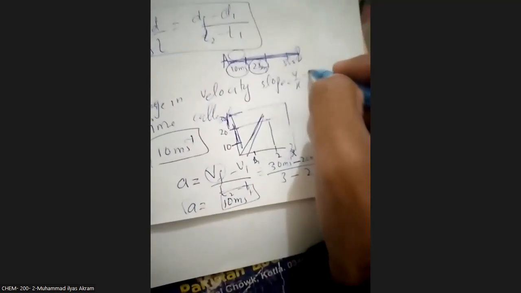Similarly, in the graph, the slope, like y over x, represents acceleration. The slope of the velocity over time graph shows us acceleration.